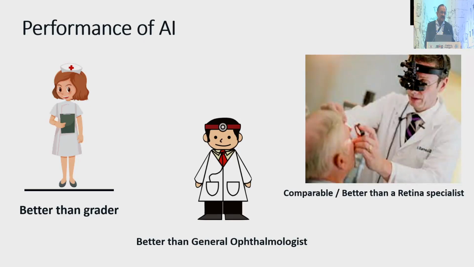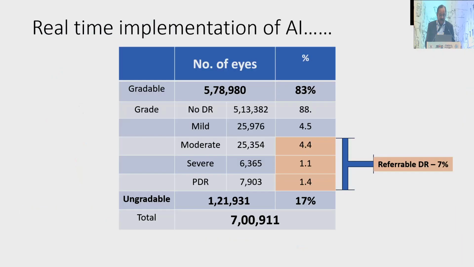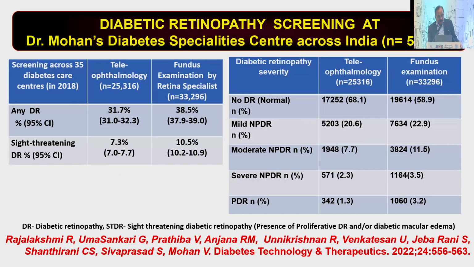More importantly, it is consistent and available 24/7. Since then, we have deployed this in real time. We have been screening these patients for the last 4 years, and we screened about 700,000 eyes. We found that the referable DR was around 7%. Referable is any DR which is more than moderate, and any ungradable image becomes a referable DR.